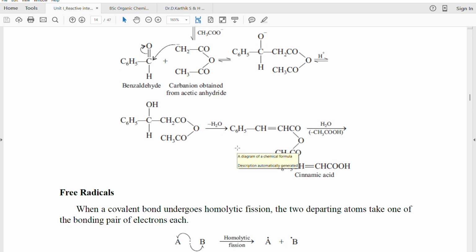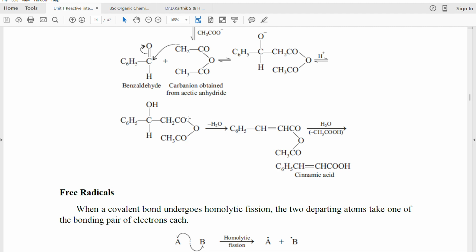But again, this will not be a stable product, because since the acid anhydride is there, it is not very stable. So the detailed mechanism I will show in the next class when I talk on the board. Okay, I will show the detailed mechanism.